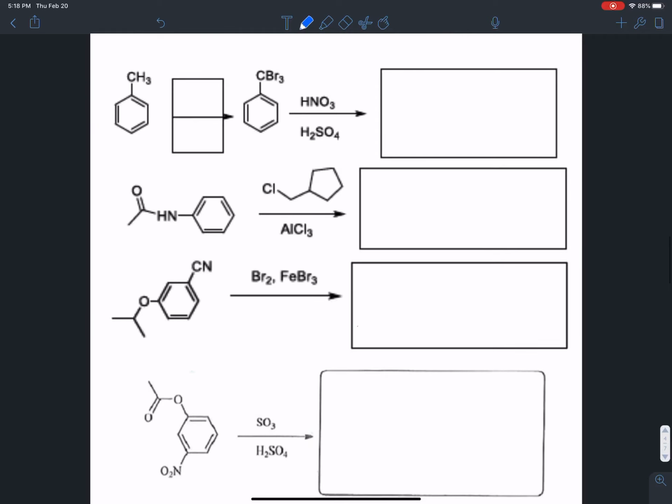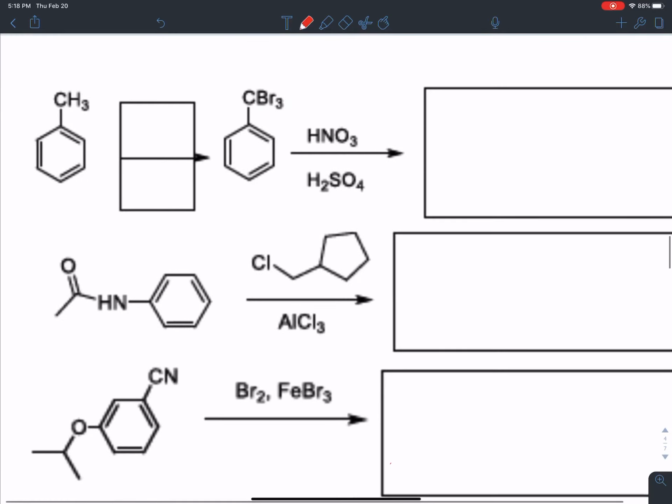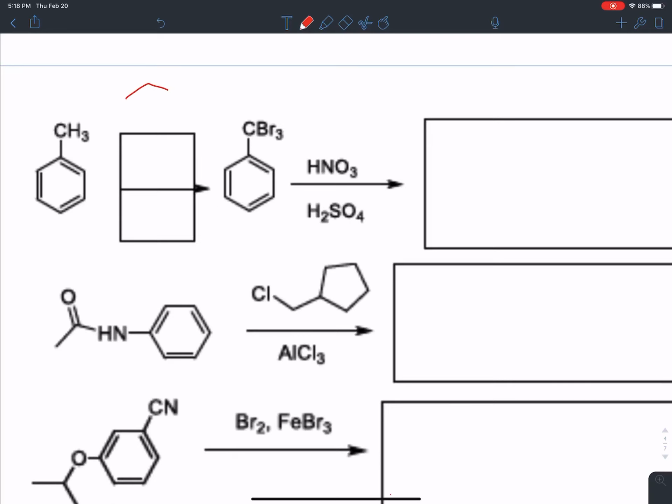Alright, let's look at the next one. So how do you go from a CH3 to making a CBr3? Well, believe it or not, we've done this multiple times. It's just people don't recognize it. If you have this and you wanted to go to this, how did we do this part? We did NBS, right? And if we look closely, what did NBS do?